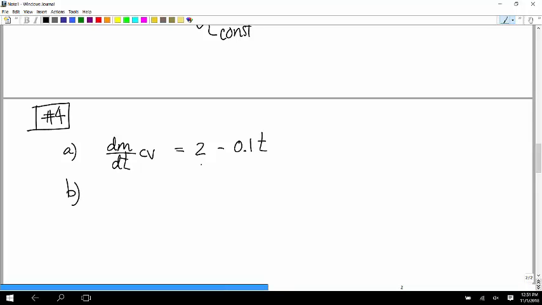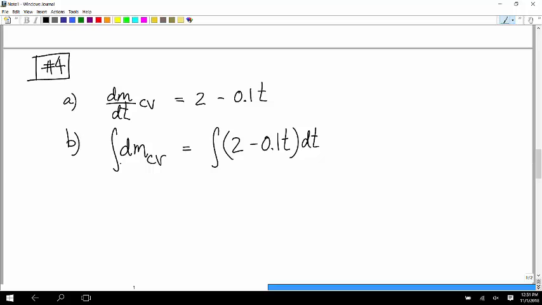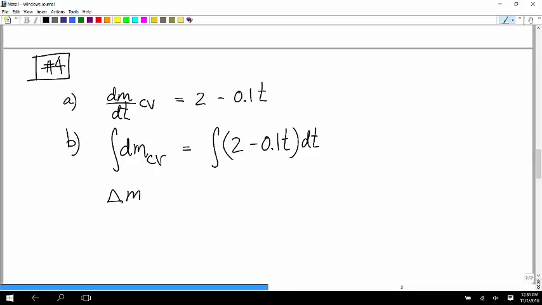So you can write this as the integral of dm is equal to the integral of the quantity 2 minus 0.1 t dt. Integrate dm, that is just your change in m in the control volume.